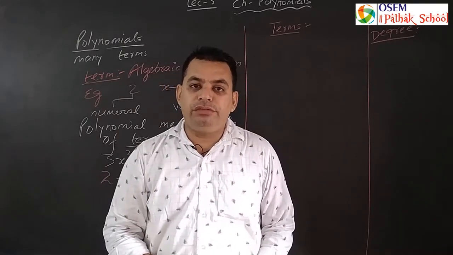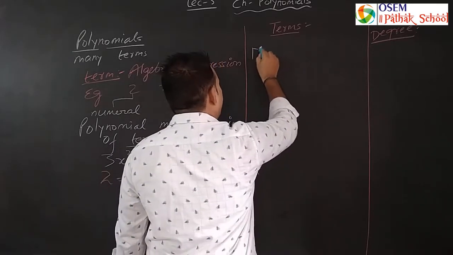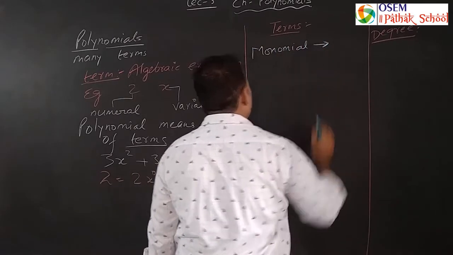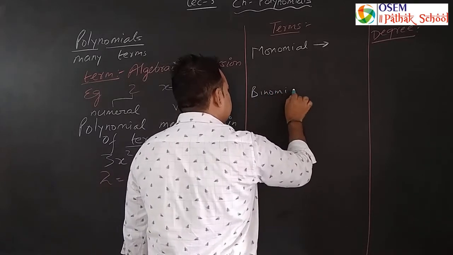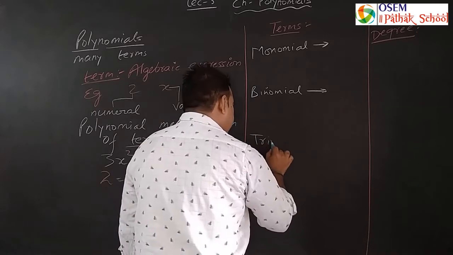In terms of number of terms, first is monomial, second is binomial, and third is trinomial.